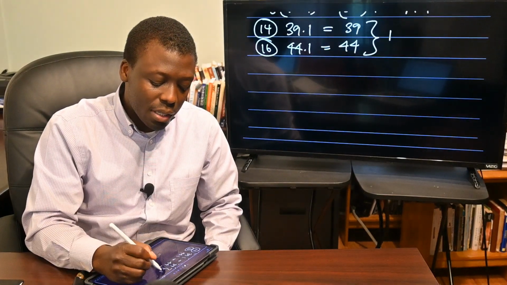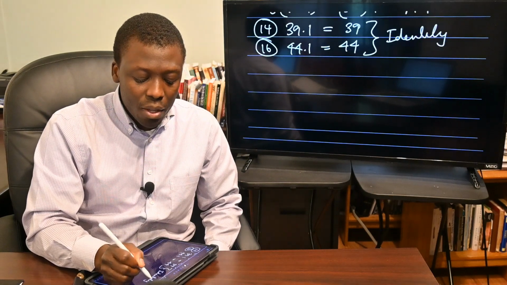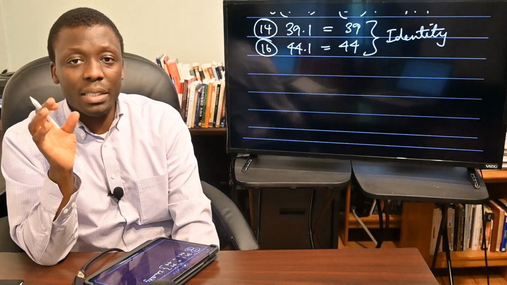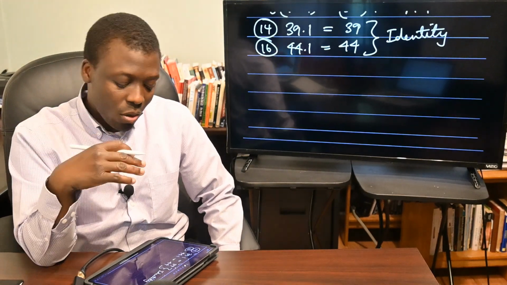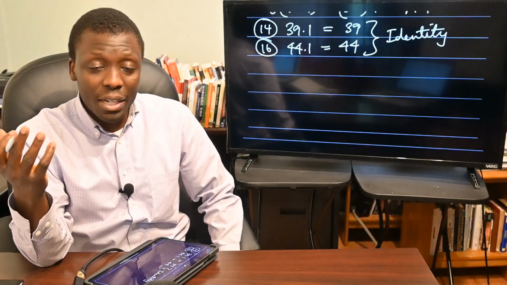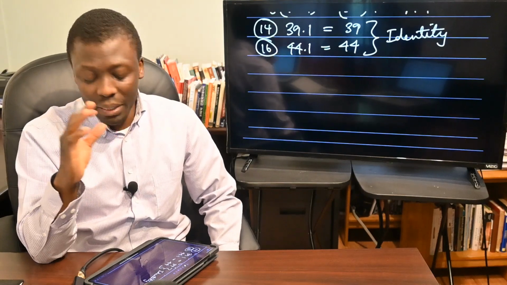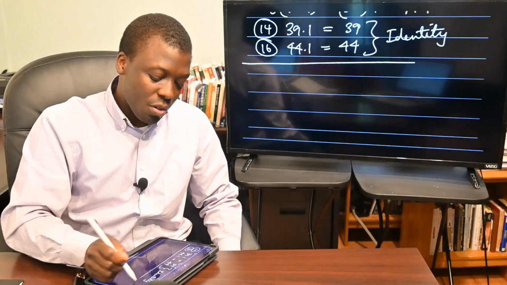Both cases are dealing with the identity property. Your book mentions it slightly differently. They say the multiplicative identity property, and I say the identity property of multiplication. The multiplicative identity property, that's fine. You can use that for this section.